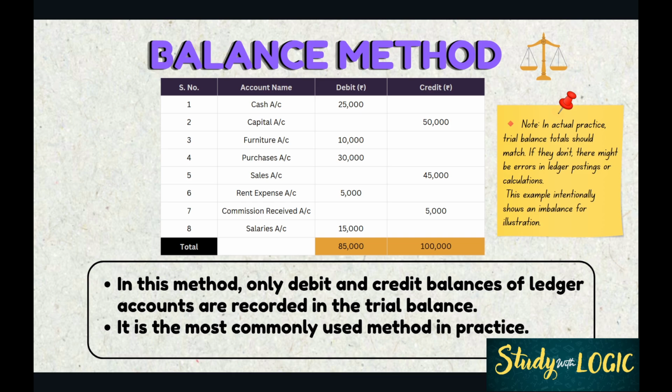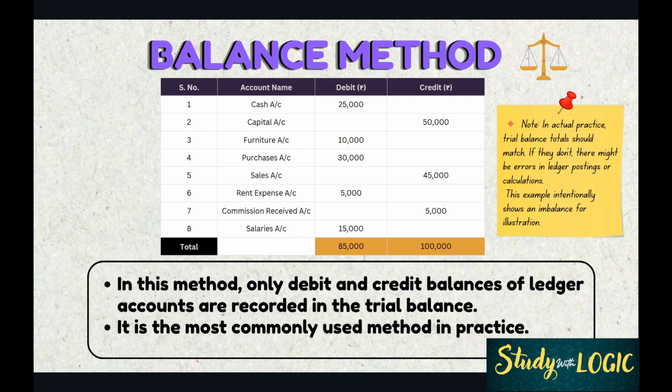So the first one being the balance method. Here, the trial balance is basically based on considering balances of ledger accounts. All the ledger accounts have a debit and credit side which are balanced at the end of a particular time period. So before we come to trial balance, the ledger account balances are made.